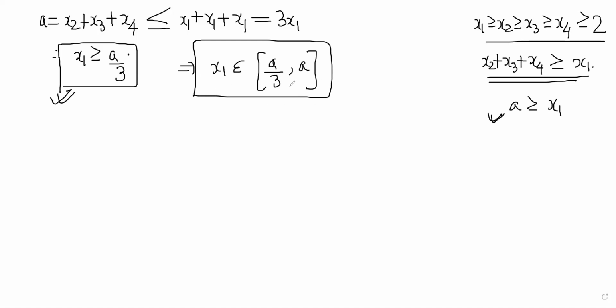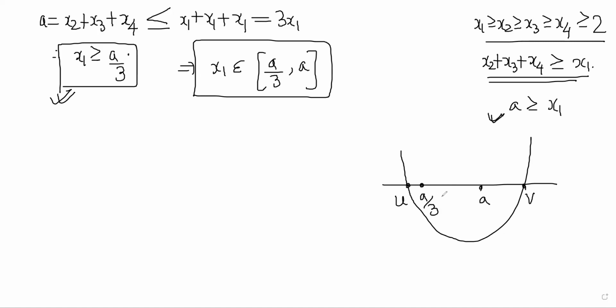So now, our job was to prove that x1 lies between u and v, but we already know that x1 lies between a by 3 and a, right? So if we can show that this interval a by 3 to a lies between u and v, then our job is done.